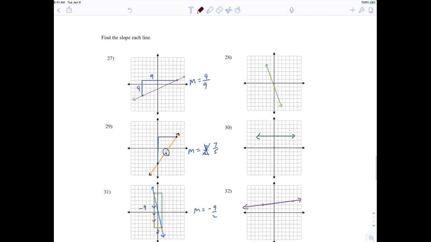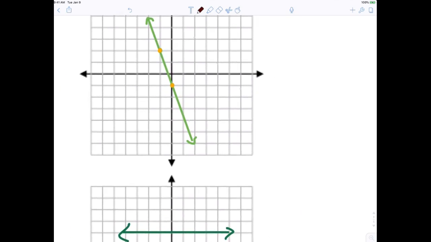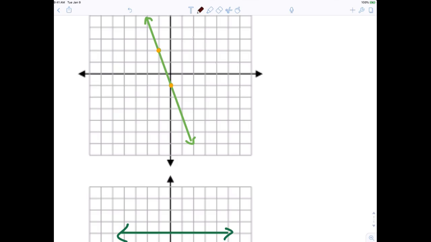All right, here we go. 28, which brings me to Leighton. Tell me what the slope is on 28, please. I went from this point right here to this point right here.